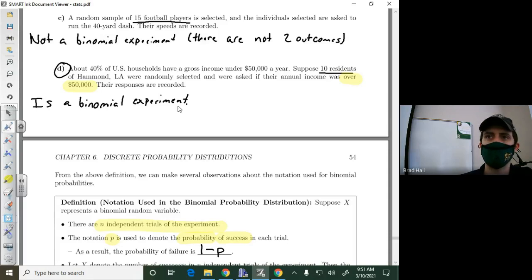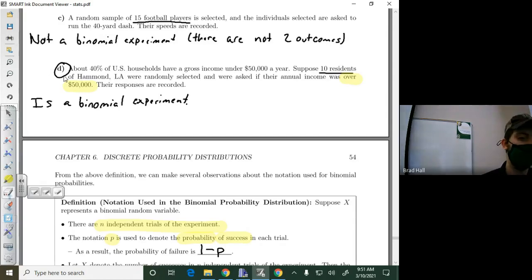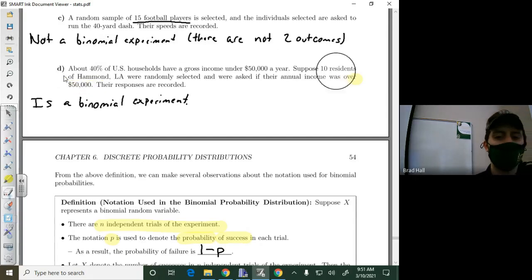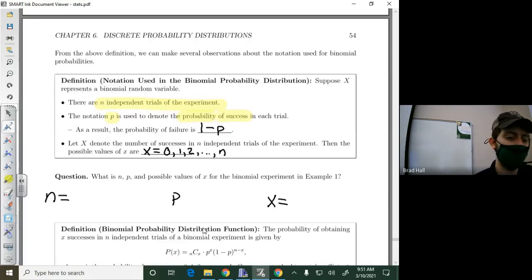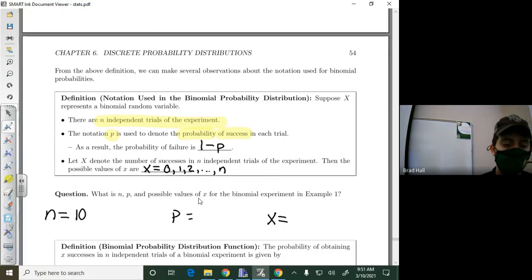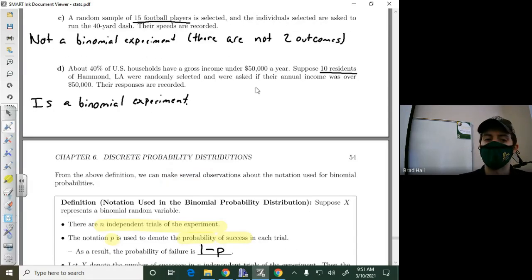What would the number of trials be in part D here? 10 residents. Yeah, it's just 10 residents. That would be lowercase n. Just 10. What about the probability?